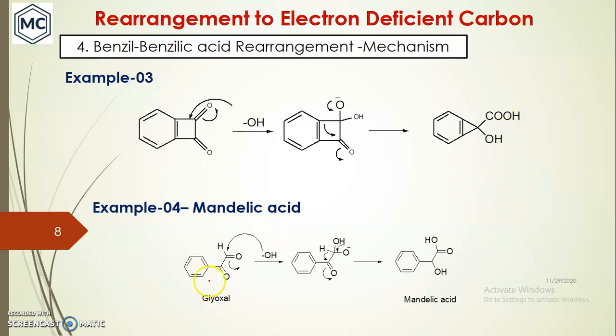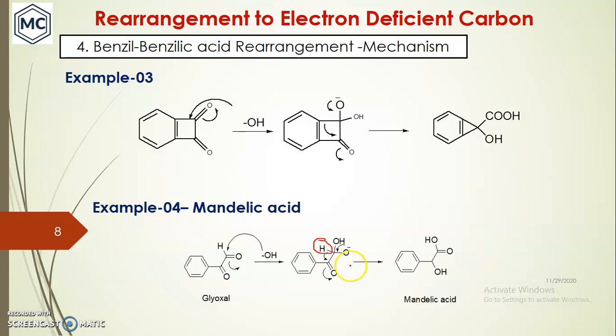And the fourth example is glyoxal. In glyoxal, you have an aldehyde here and a ketone here, and in the presence of base, first it attacks the aldehyde and forms an intermediate like this, and then an intermediate rearrangement like this. Here the migrating group is the H minus.